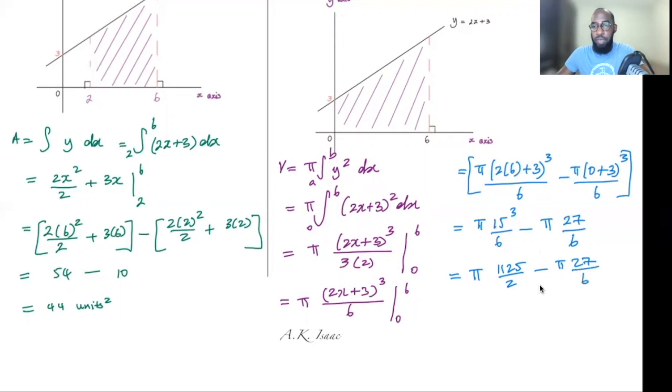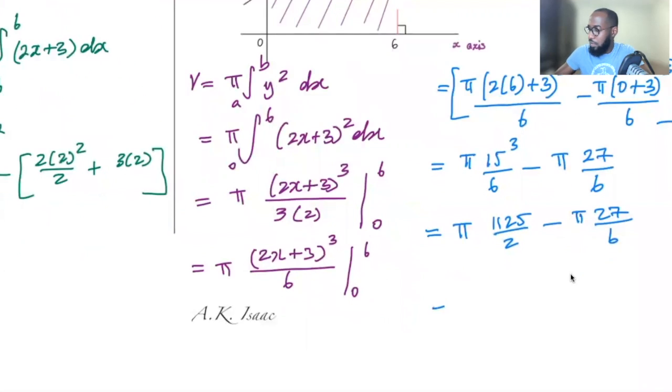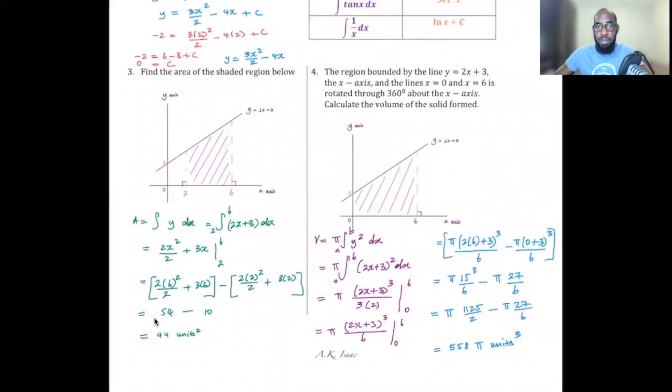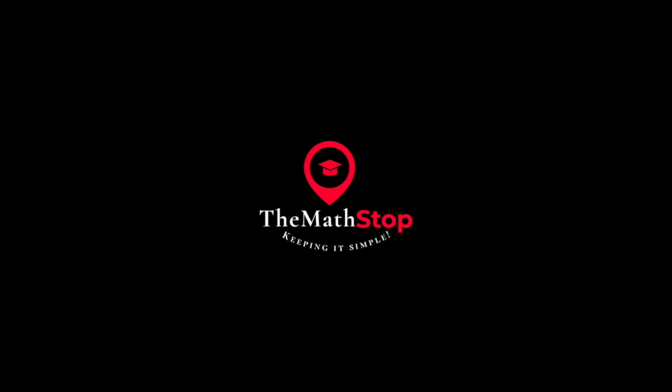So 1125 over 2 minus 27 over 6 is equal to 558. So this is equal to 558 pi units cubed. Right. So remember to put your units cubed, just as here we have units squared. So that's it for integration.